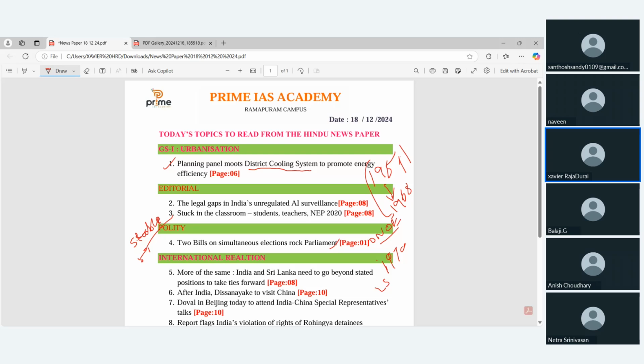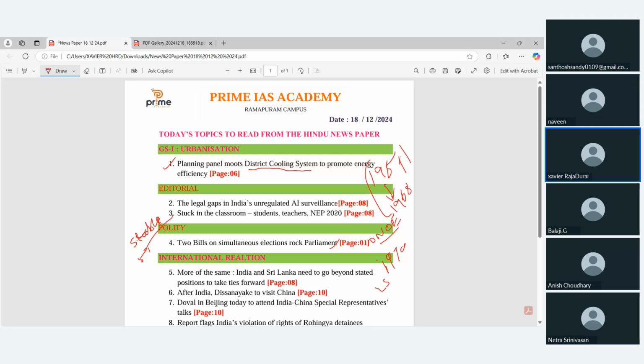Dissolving a house could be for many reasons. One is if the ruling party or government does not have a majority number to rule, there is a chance of the government falling. Another is if the government is formed through a coalition of parties, and any political party withdraws support, then again the government falls. Third, according to the constitution, if the constitutional machinery breaks down, then the president can dismiss the government and impose president's rule.